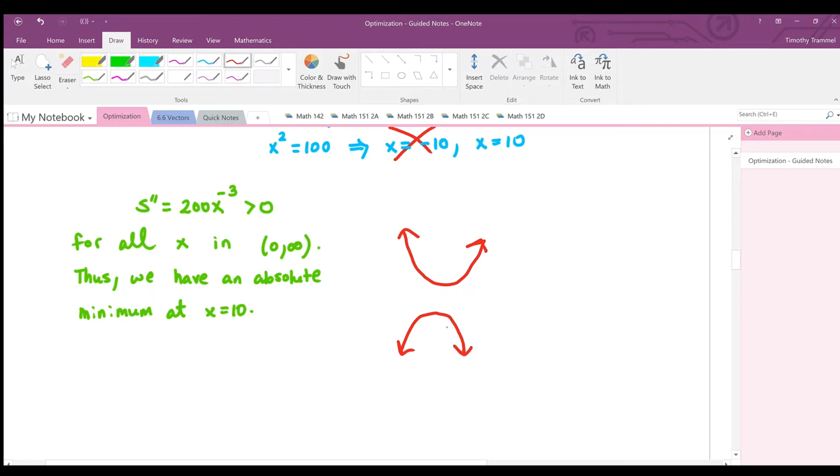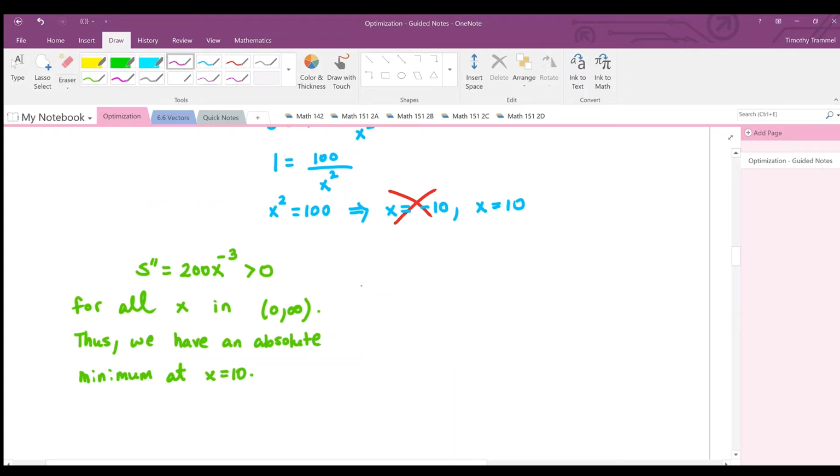And if that's the case, you'll know that your critical point is associated with an absolute maximum or minimum, which is what we're looking for here in optimization. We want absolute minimums, absolute maximums, and not local.